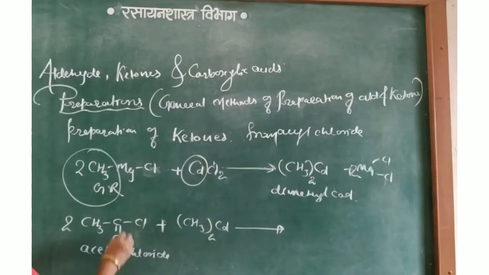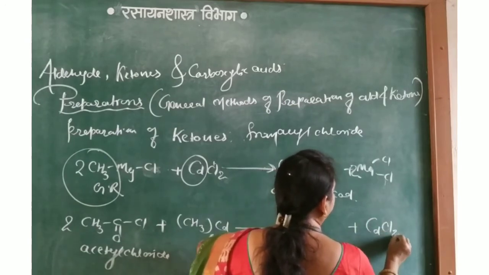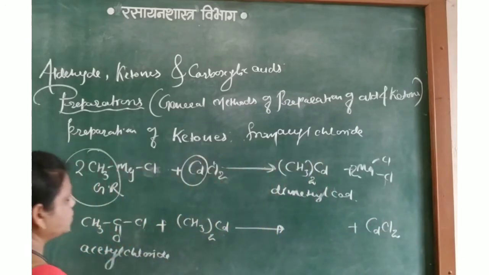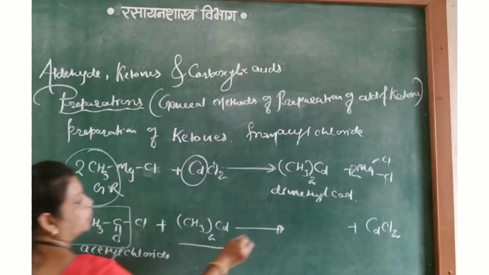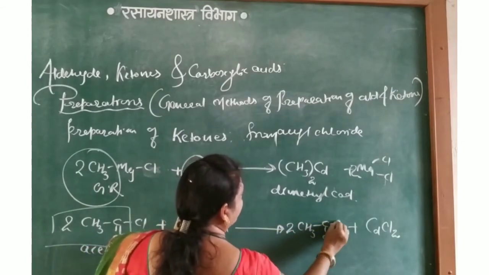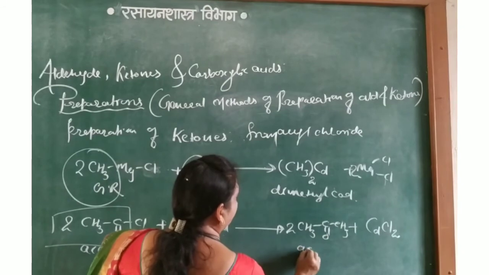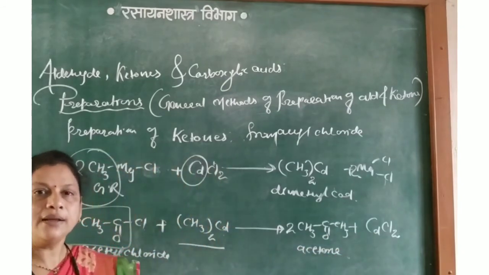So here this 2Cl combined with this Cd to form again CdCl2, and this 2CH3 combined with this part of acetyl chloride to form twice CH3C double bond O CH3, acetone, or dimethyl ketone.